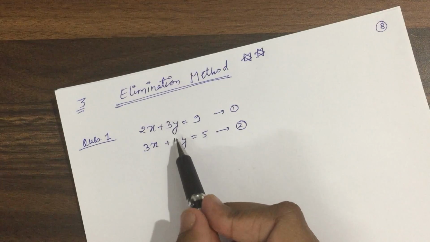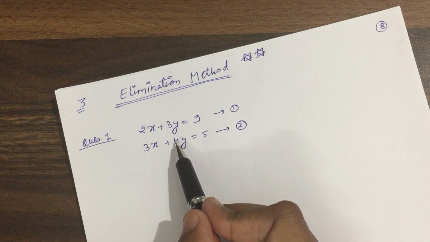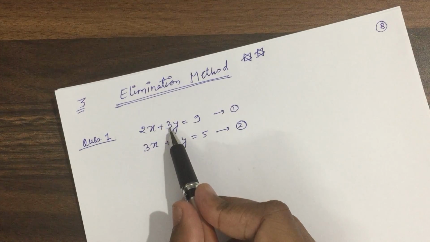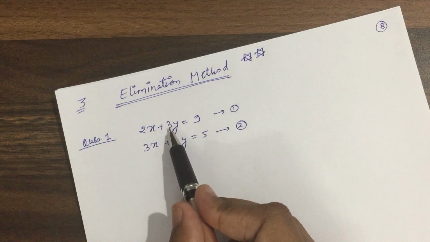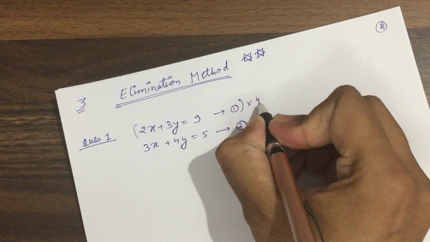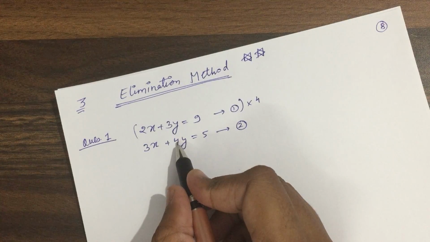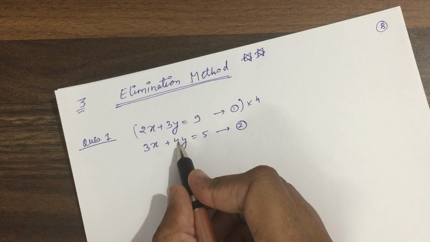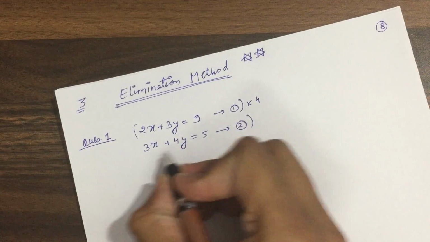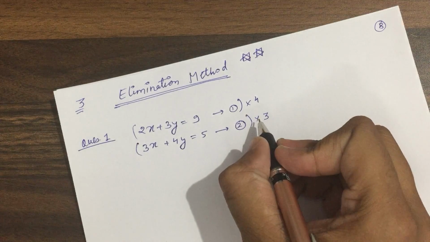So we will take the LCM of 3 and 4. LCM of 3 and 4 is 12. In order to make the coefficient here equal to 12, we need to multiply the whole equation with 4. Whole equation means both LHS and RHS we need to multiply. Here the coefficient is 4. In order to make it 12, we need to multiply the whole equation with 3.